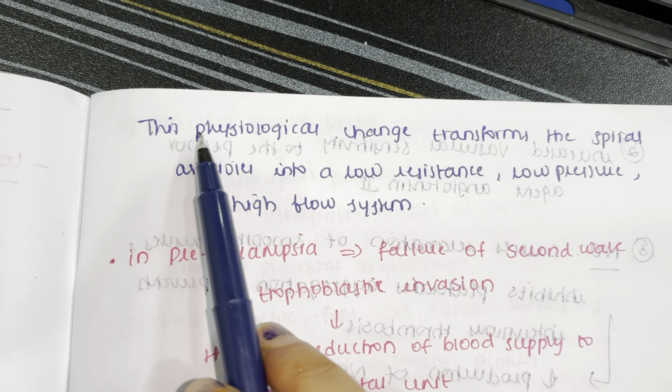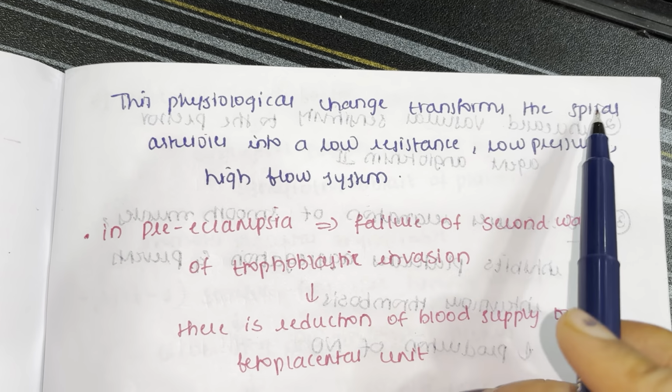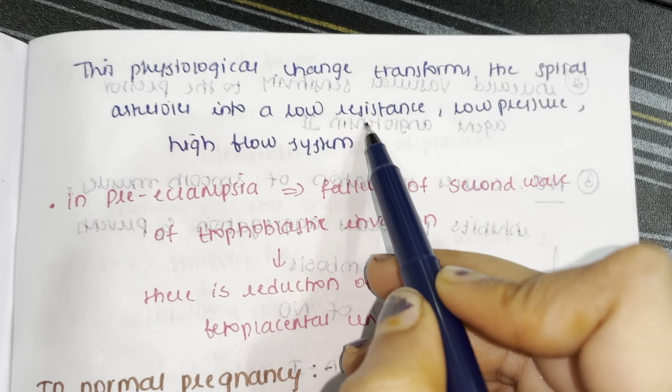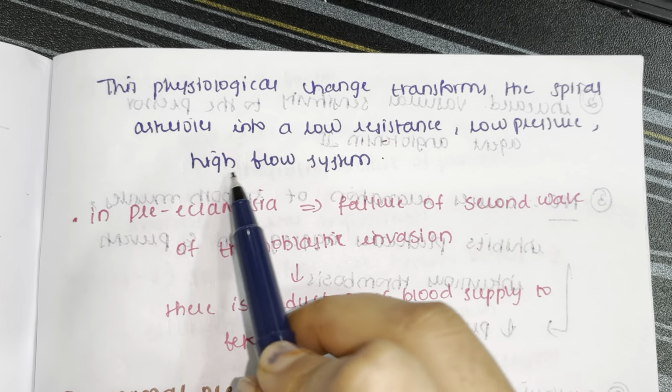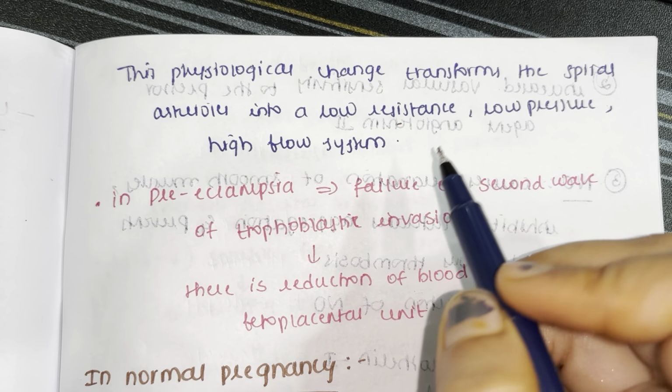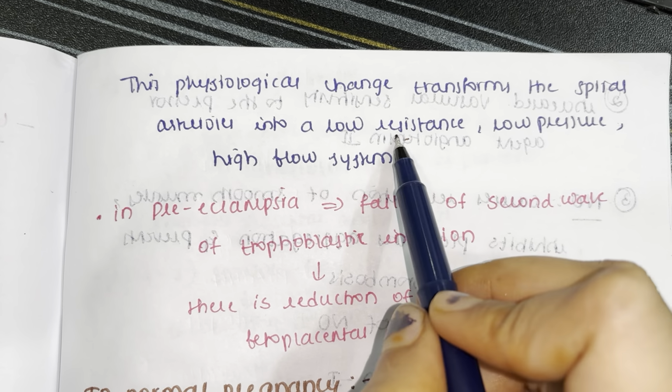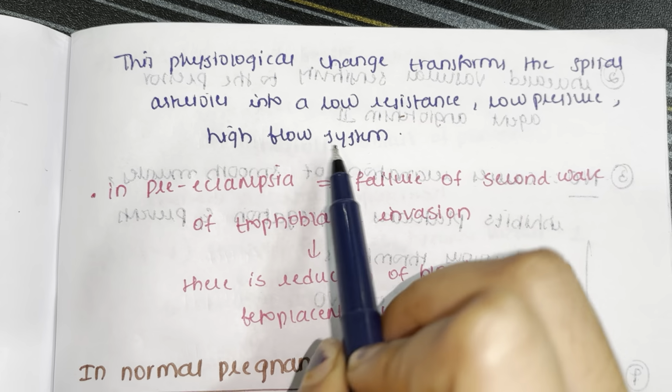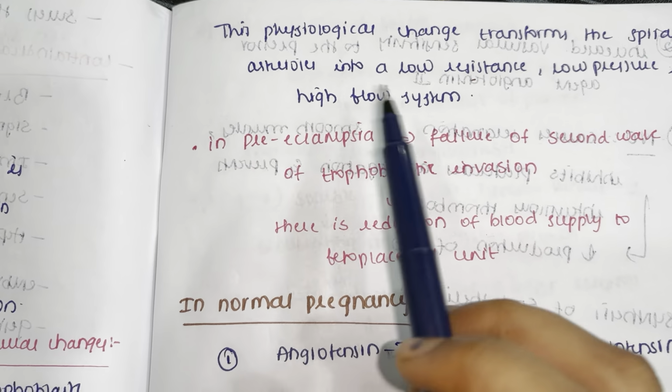Because of this change, the spiral arterioles are transformed into a low resistance, low pressure, high flow system. So this is the normal.